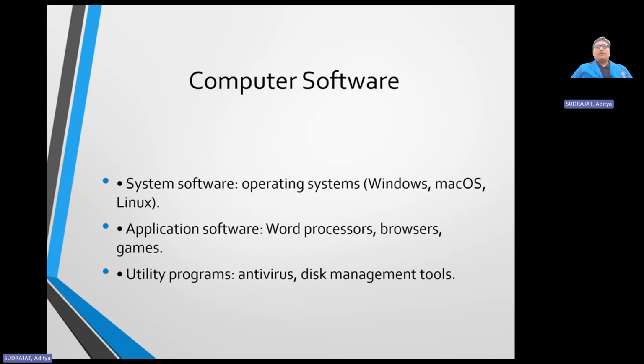A word processor is like Microsoft Word, which we use daily, and a browser is like Google Chrome, Safari, Edge, and so on. The third is utility programs. They are not mandatory, but somehow they are needed in our computer, such as antivirus and disk management tools.